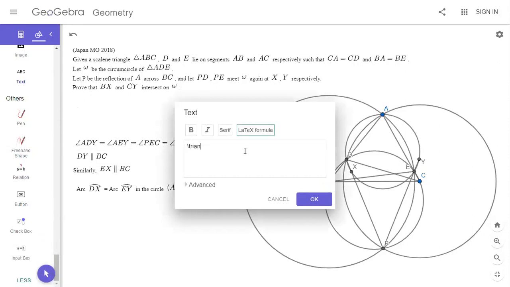So ADC and AEB are similar isosceles triangles, since they share angle A.